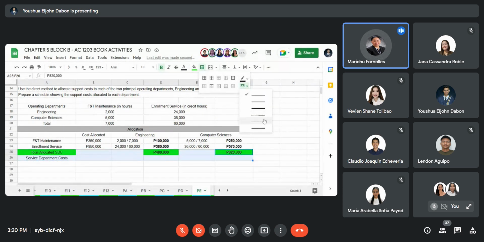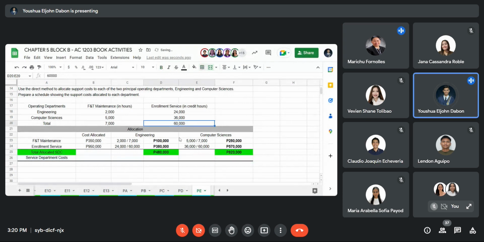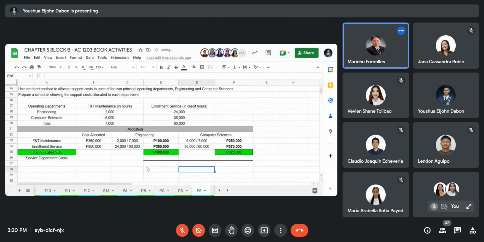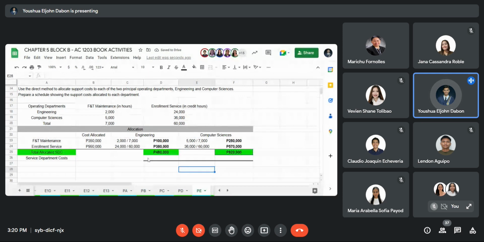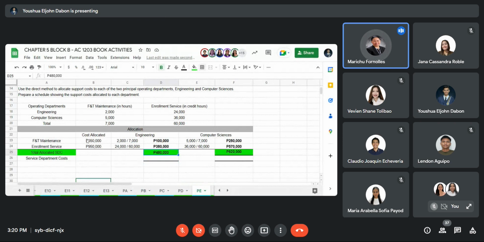So column D and F. Undo, it will undo everything, miss. So D and F only. It should be below the amount, on double lines.